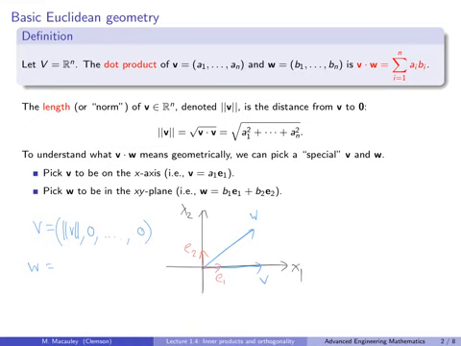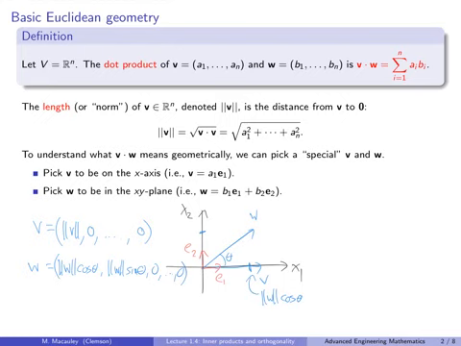So in the x1 direction, w is, what's that? That's just the norm of w times the cosine of this angle theta. And in the other direction, this is the norm of w times the sine of theta. So in other words, w is, in the x1 direction, norm w cosine of theta, in the x2 direction, it's norm w sine of theta, and then in every other coordinate, it's 0.